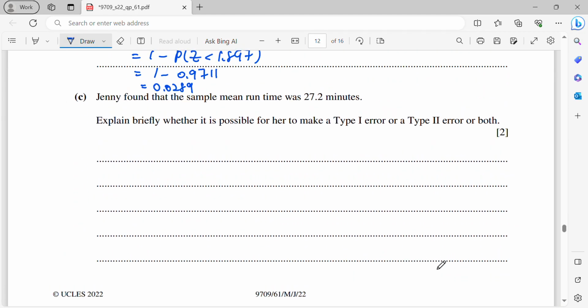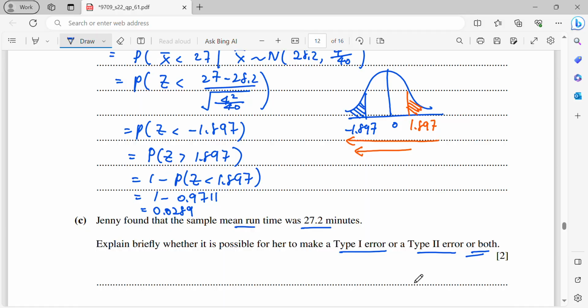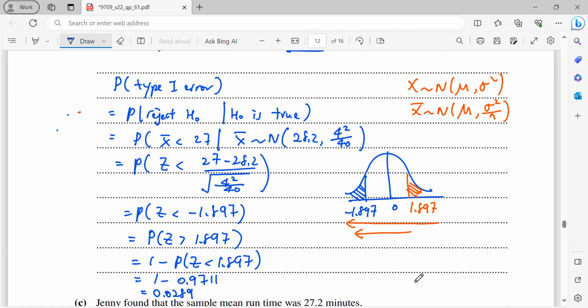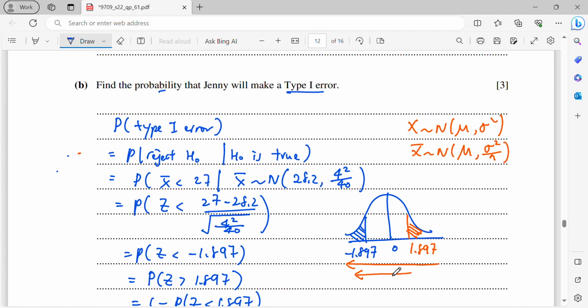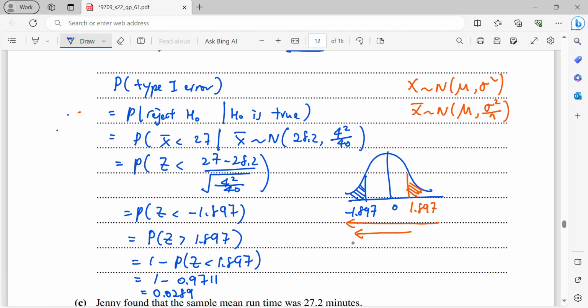Now part C: Jenny found that the sample mean run time was 27.2 minutes. Explain briefly whether it is possible for her to make a type 1 error or type 2 error or both. Okay, so in the previous part, from B, it's mentioned that when x bar is less than 27, you reject the H naught.